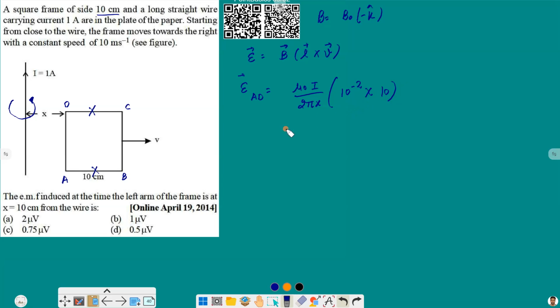Mu naught by 4 pi we know is 10 raised to power minus 7.